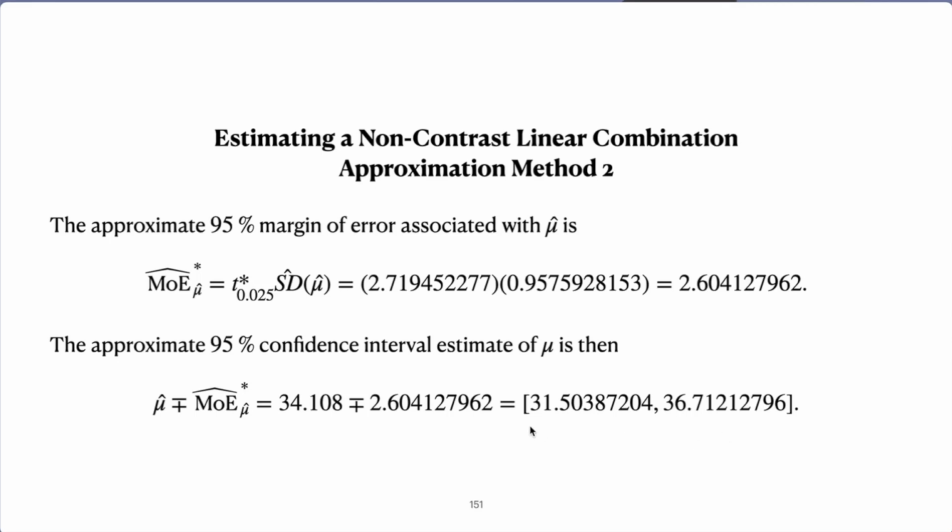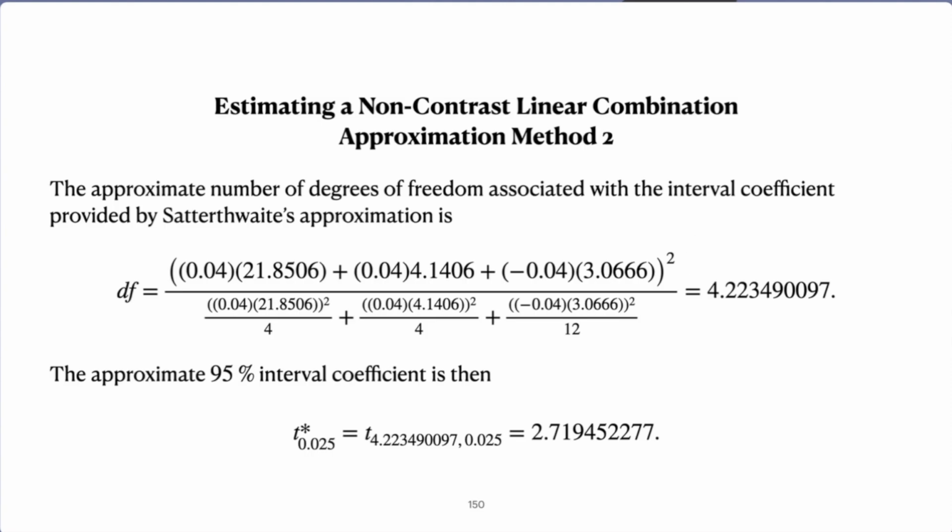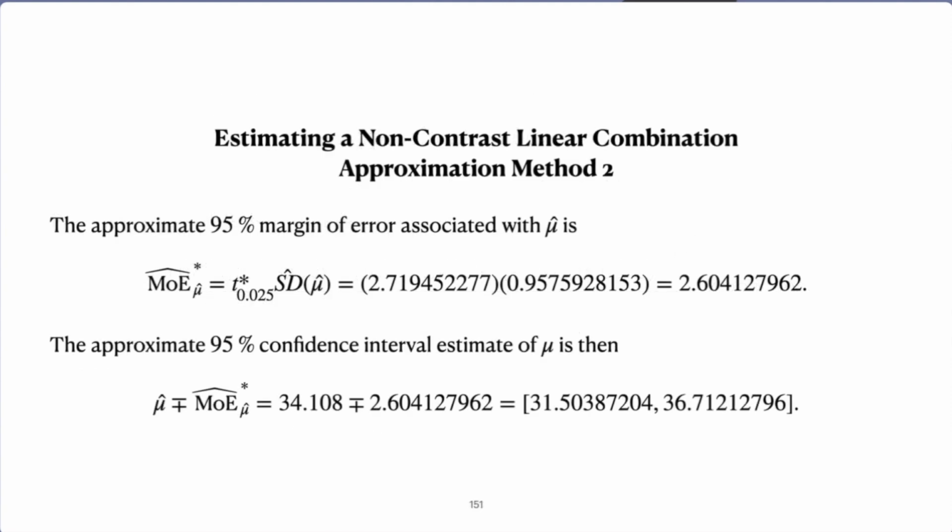And that ranges from about 31.504 up to about 36.712. So very, very similar intervals, but approximation method 2, Satterthwaite's approximation, gives us a little bit narrower interval, right? The margin of error is just a little bit smaller, so the interval is going to be a little more precise, and that's typically a better thing.